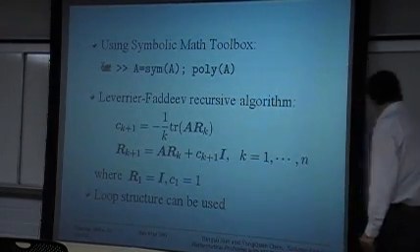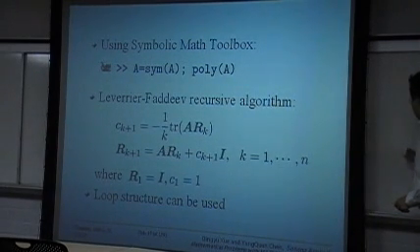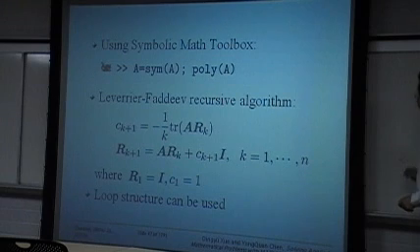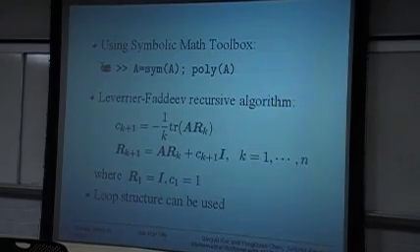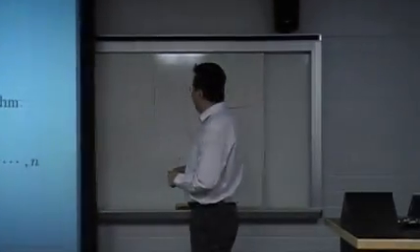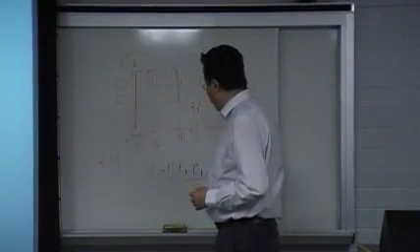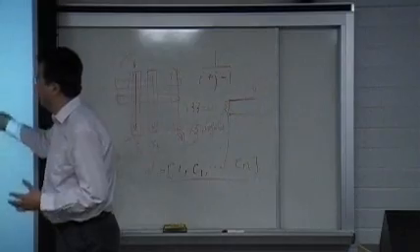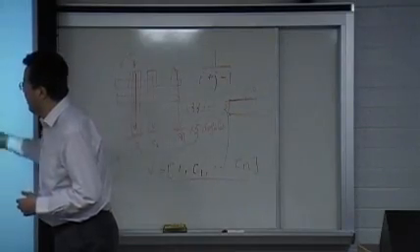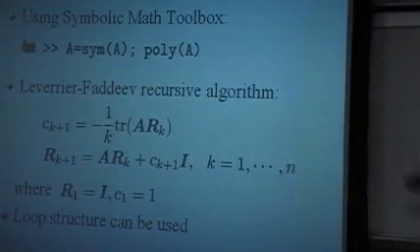And in the poly function provided in Matlab, they use an eigenvalue-based algorithm, which is based on an iterative method. So there might be errors. But with this algorithm, we need only perform multiplications and sums of matrices, so there shouldn't be any error.